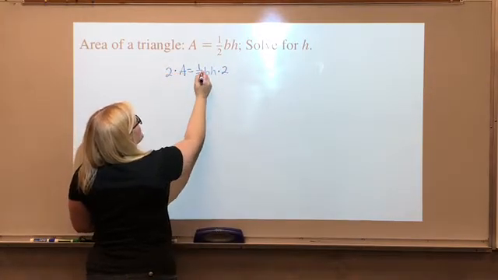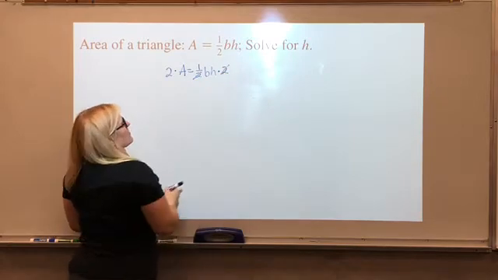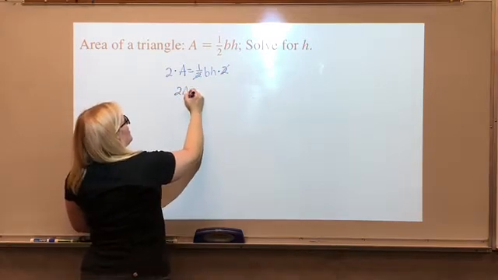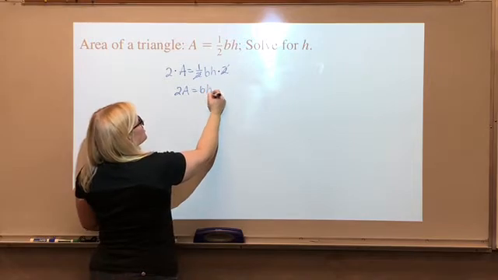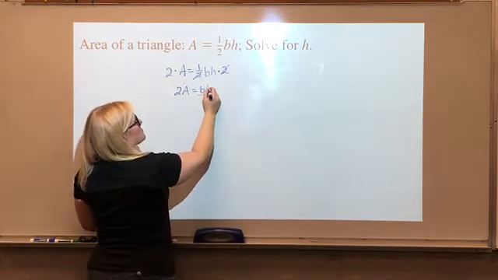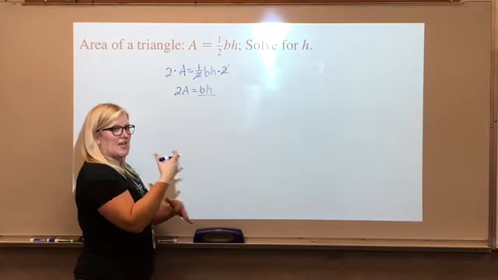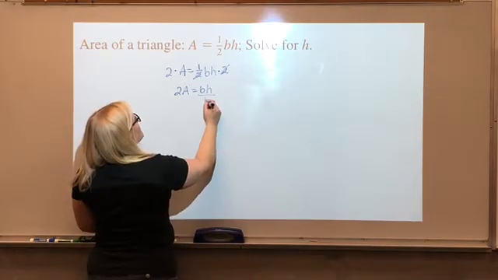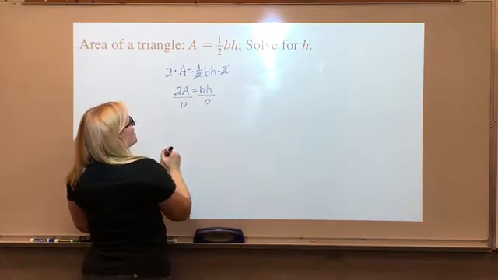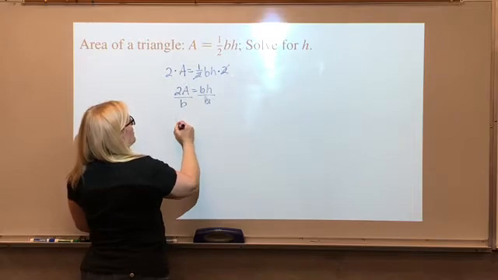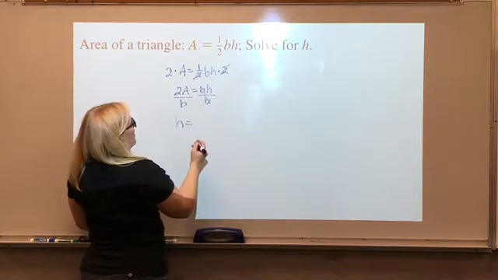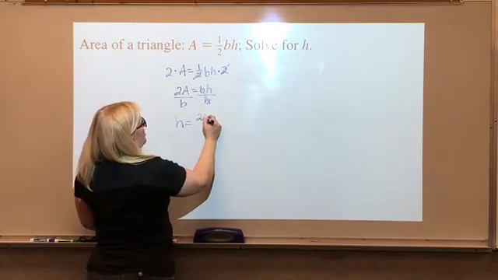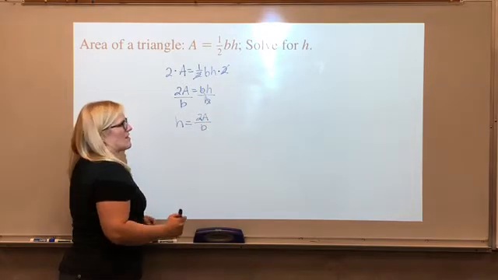Because then what that does is it cancels out those 2's on that side. I have 2A equals BH. And then, because this is being multiplied, you undo multiplication with division. I'm going to divide both sides by B. So the height of a triangle is twice the area divided by the base.